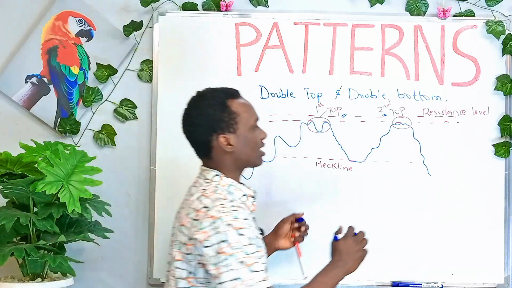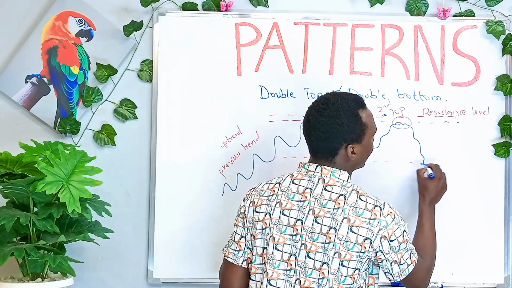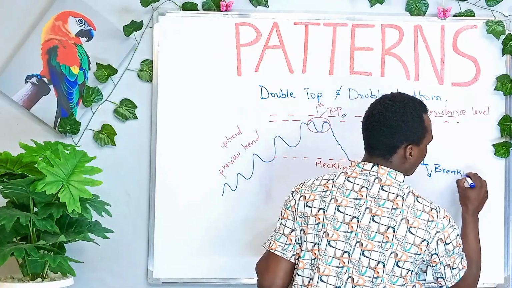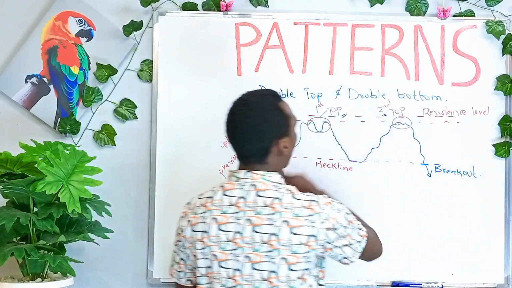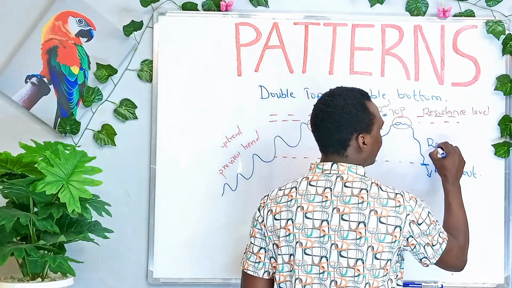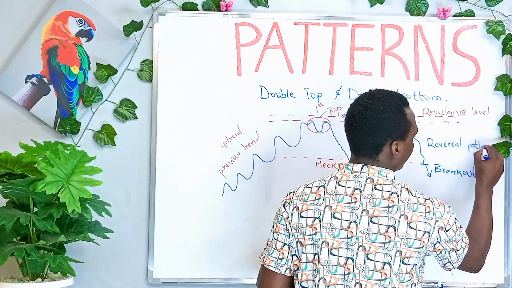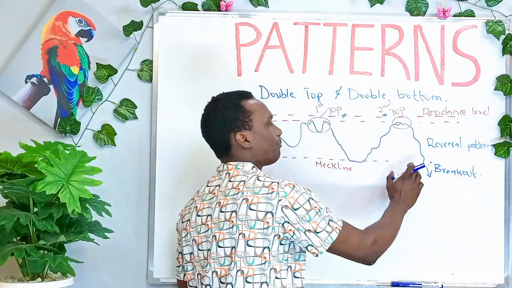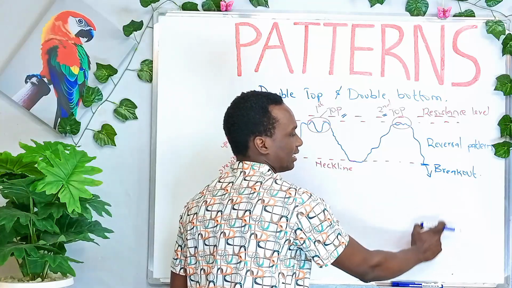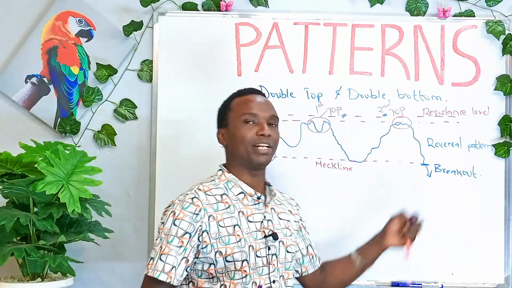In most cases, we expect the price to come, break this neckline and form a breakout. And this whole pattern is called a reversal. This is a reversal pattern. The price is expected to break this neckline and change direction from an uptrend to a downtrend.